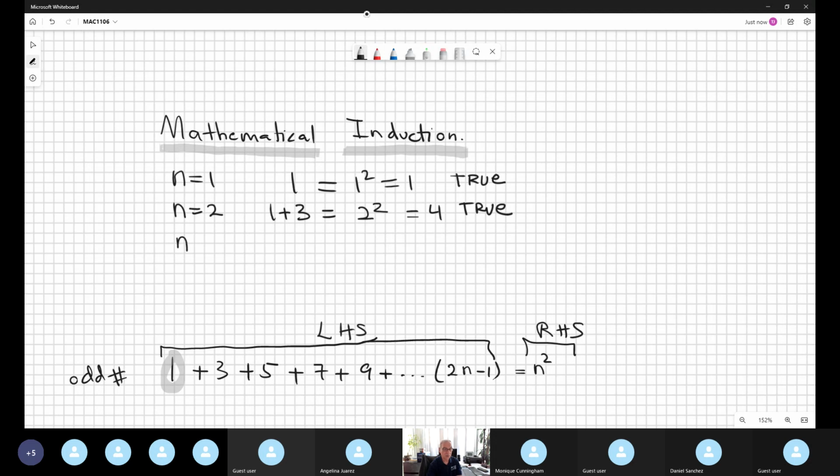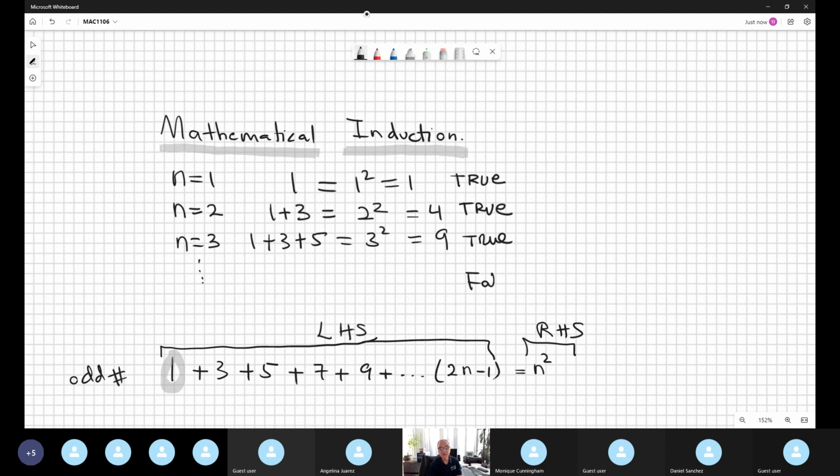Suppose n equal 3. That is 1 plus 3 plus 5, and the right side would be 3 squared. So 1 plus 3 is 4, plus 5 is 9, and 3 squared is 9. It's also true. Wow. And do you believe that this continues forever or at one moment fails?